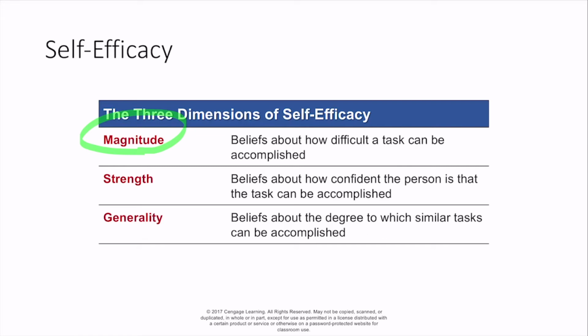For instance, how hard is it going to be for me to rise up to frontline supervisor? So you're going to take a look at the difficulty of doing a job or obtaining a position. For you, you had to assess how difficult it's going to be to get your degree.